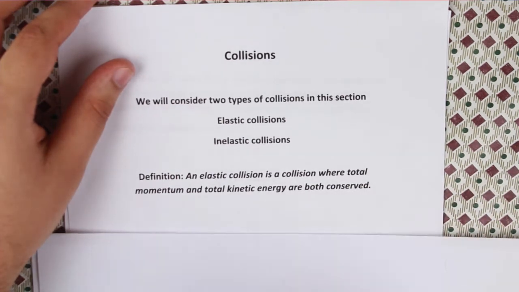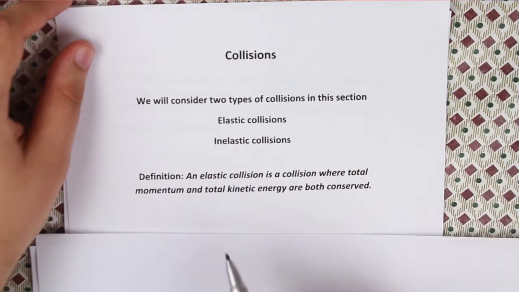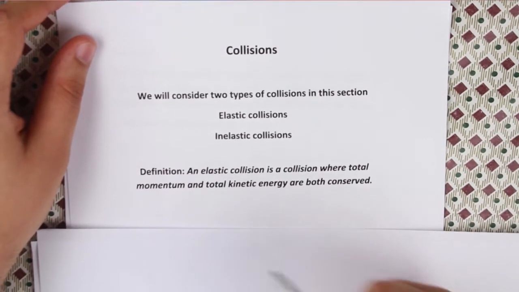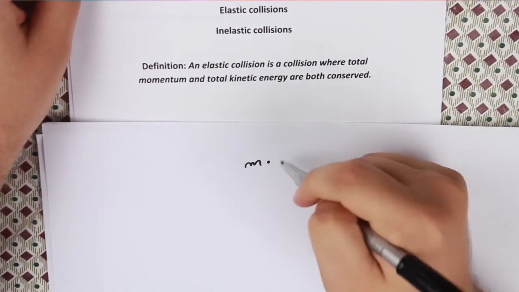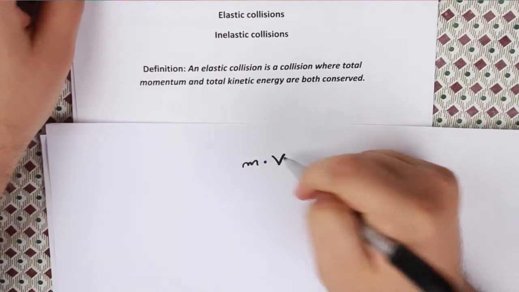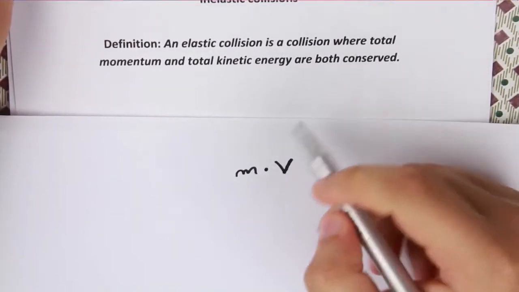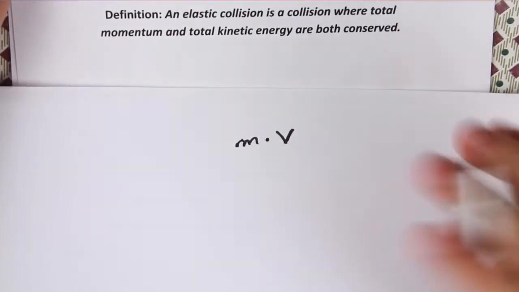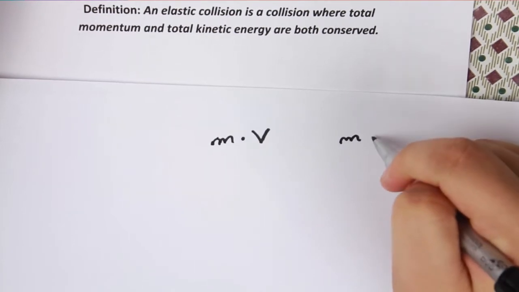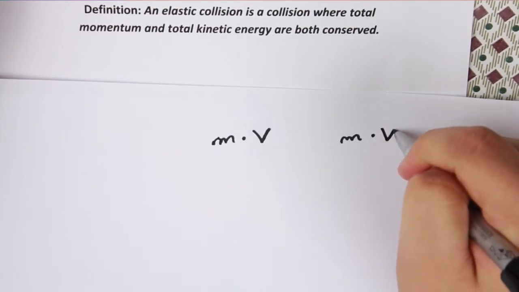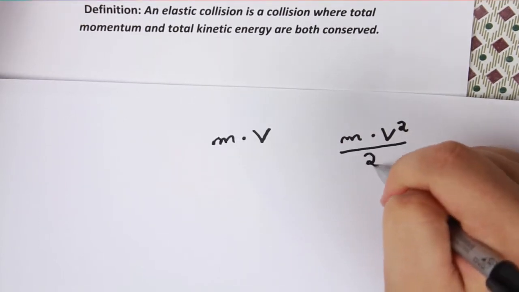So, as the definition says, in a collision of two balls, the total momentum, remembering that the momentum is calculated by the mass times the velocity of the object, which will be a ball, for example, and the kinetic energy is the mass of the object times the velocity squared, all divided by 2.